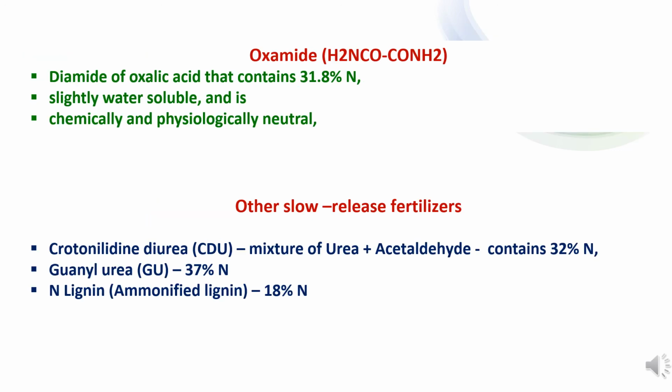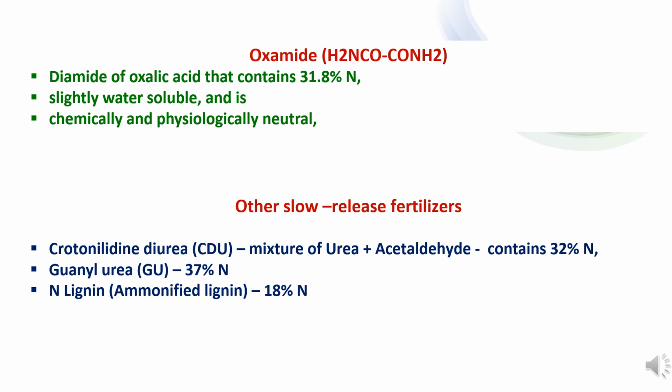Oxamides fertilizers are another slow releasing nitrogen fertilizers, where the diamide of oxalic acid contains 31.8% of nitrogen, and these fertilizers are slightly water soluble and chemically and physiologically neutral in nature.